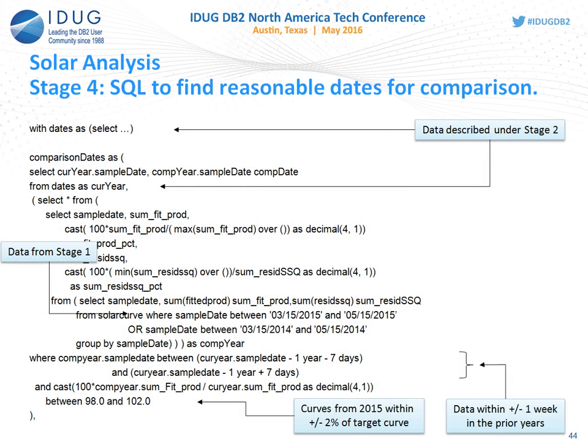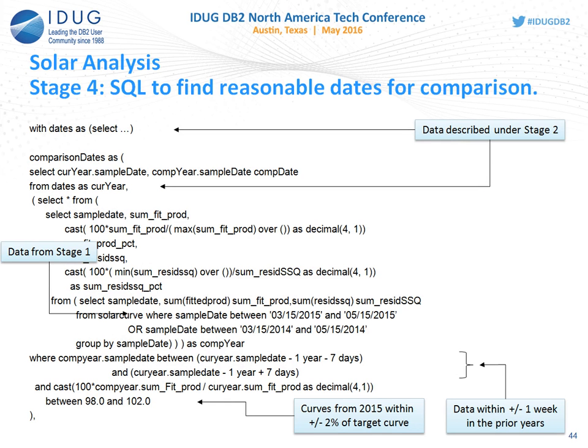Again, here is our data described under step 2, which is really the dates of interest. In this particular case, there were 3: April 20th, April 19th, and April 9th. Here we're going through and looking at the prior years' data, and this is our prior years' curve data. To fit this on one slide, I specifically specified a range in 2014 and 2015.